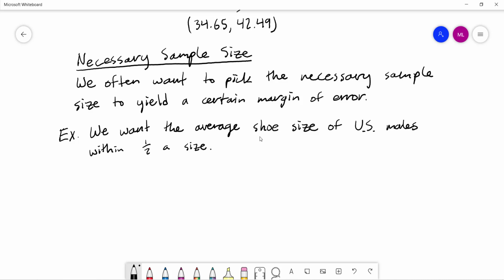If I tell you, it turns out the standard deviation of shoe sizes of US males is 1.8 sizes.